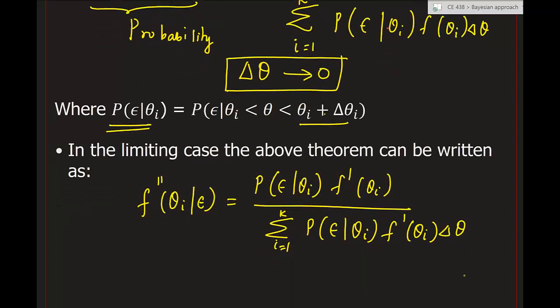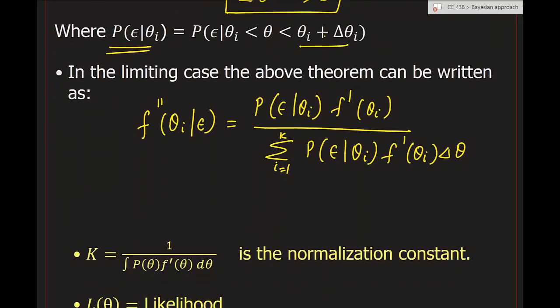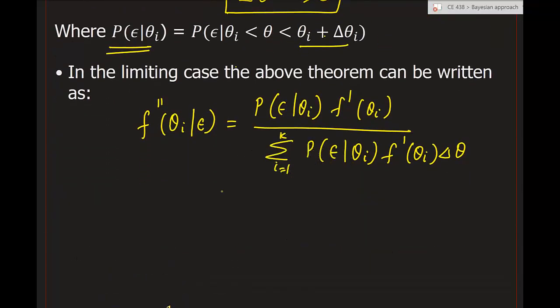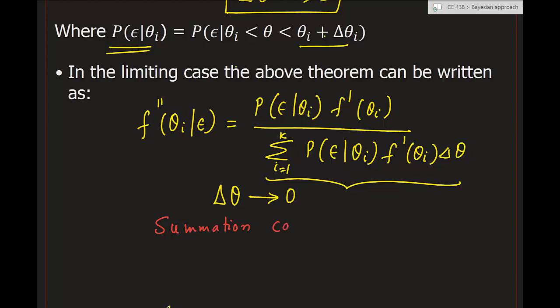Now if you remember your mathematics classes, when delta theta goes to 0, if I apply the limit, this summation can basically be converted into integration. So the summation can be replaced by integration.